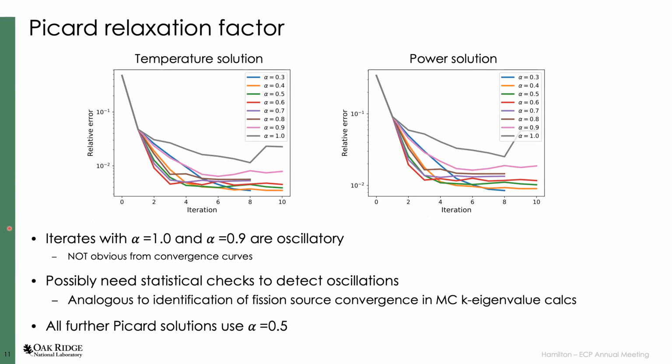Looking at the behavior as we adjust the relaxation factors, this is a function of Picard iteration, and the error here is actual error measured relative to a highly converged problem. We ran something that had about 100 times as many particles as our most resolved other simulation.